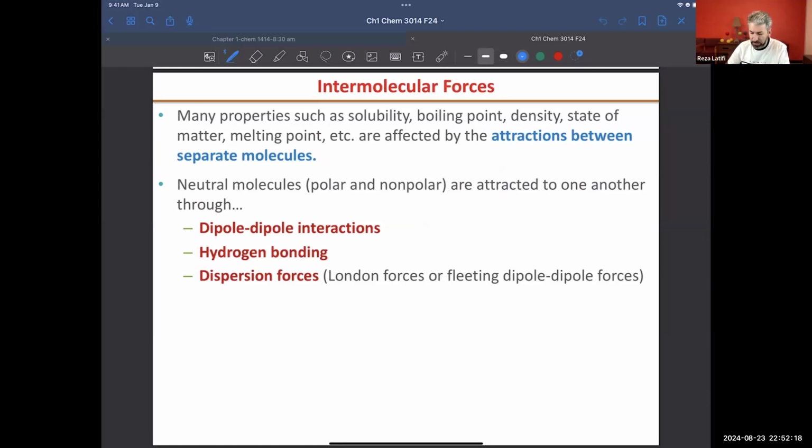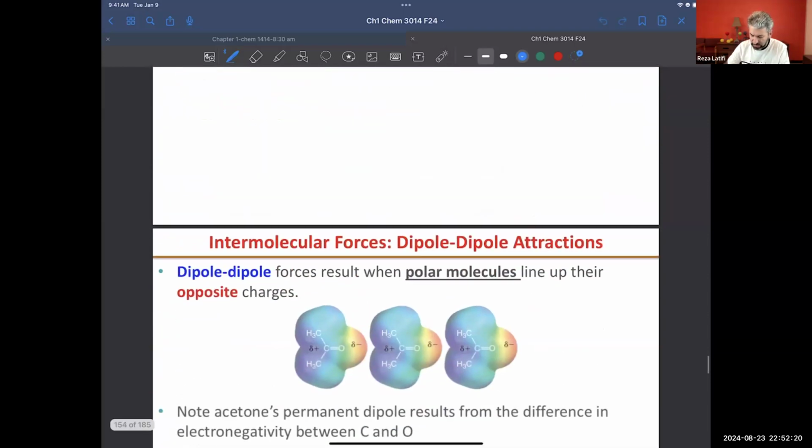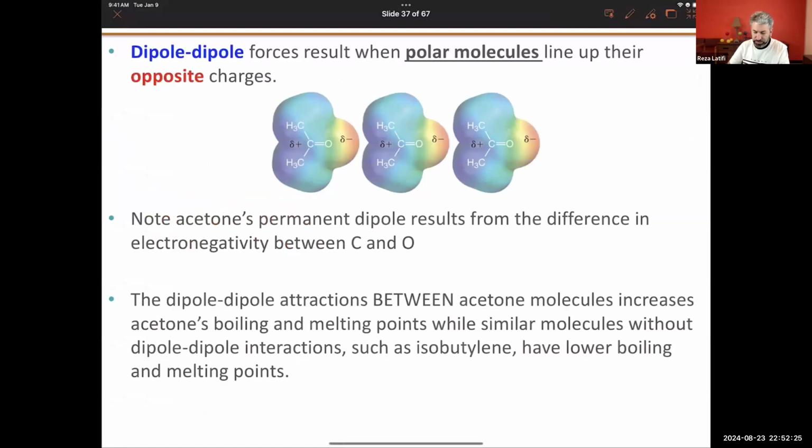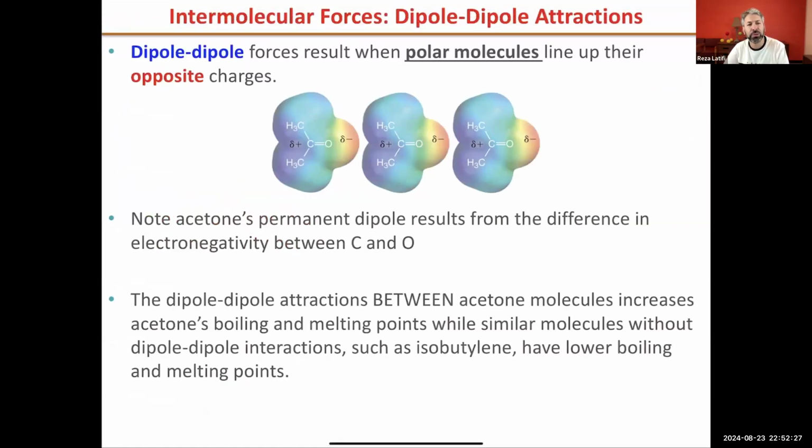How do we get dipole-dipole interaction? It comes from permanent positive and negative charges on the molecules. That means you are dealing with polar molecules. So in order to have dipole-dipole interaction, we need to have mu bigger than 0.